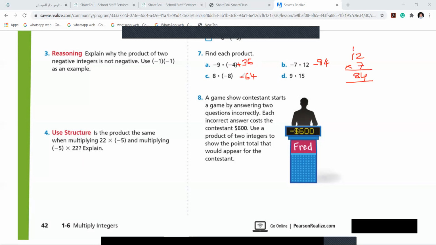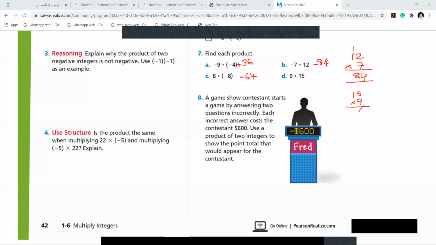Opposite signs will be minus here. If it is the same sign, it will be plus here. See question A, because they were the same sign, I put plus 36. Now here it is opposite signs, so I will put minus 64. Okay, Dana? Judy, last question, 15 times 9.